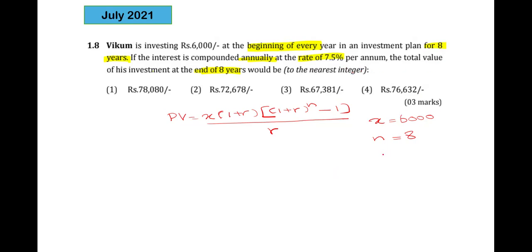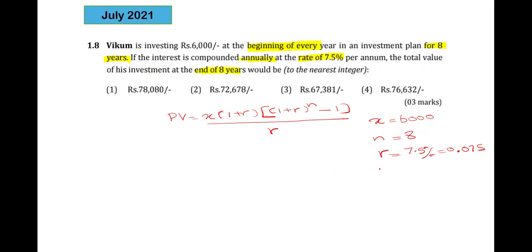Then n equals 8. If we deposit annually, then we take the annual rate, which is 7.5 divided by 100. The answer should be 0.075.